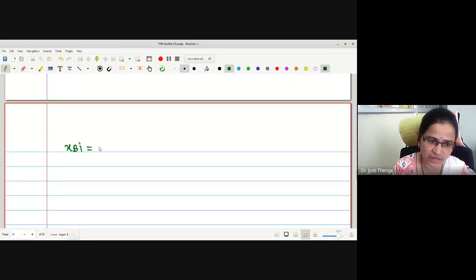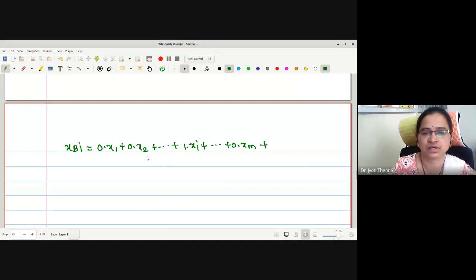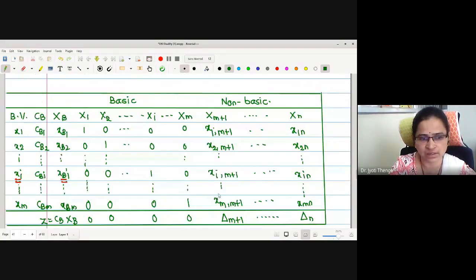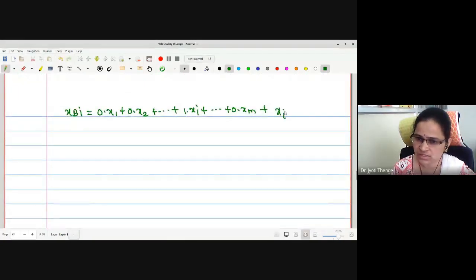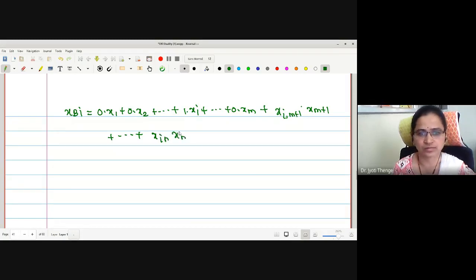This is xbi equal to 0x1, 0x2, up to 1xi, plus 0xm, added with, in the ith row I am selecting 0x1, 0x2, 1xi, 0xm. What is the next entry? xi,m+1 into xm+1, and we will just continue this to xin xn.